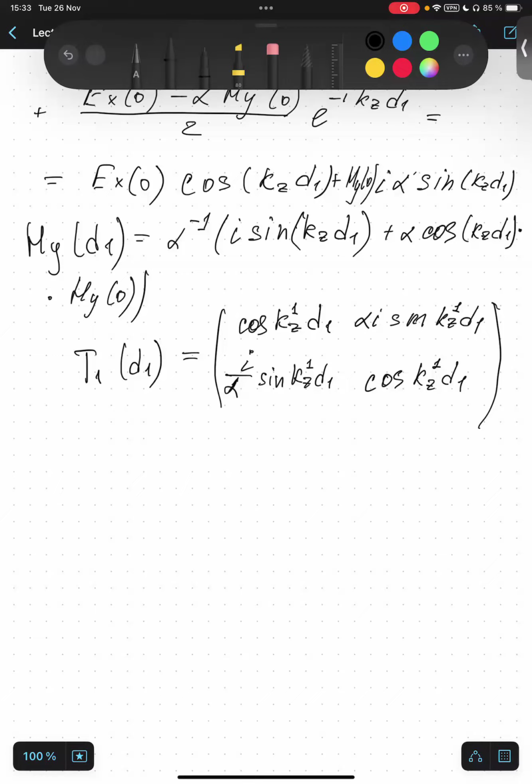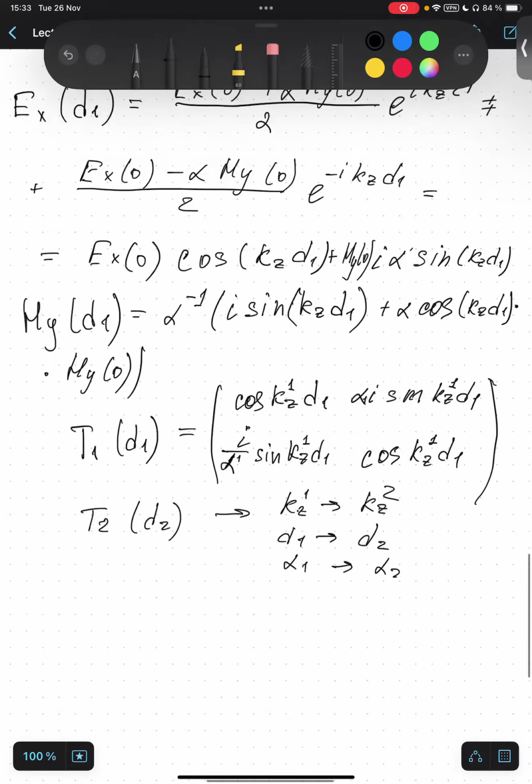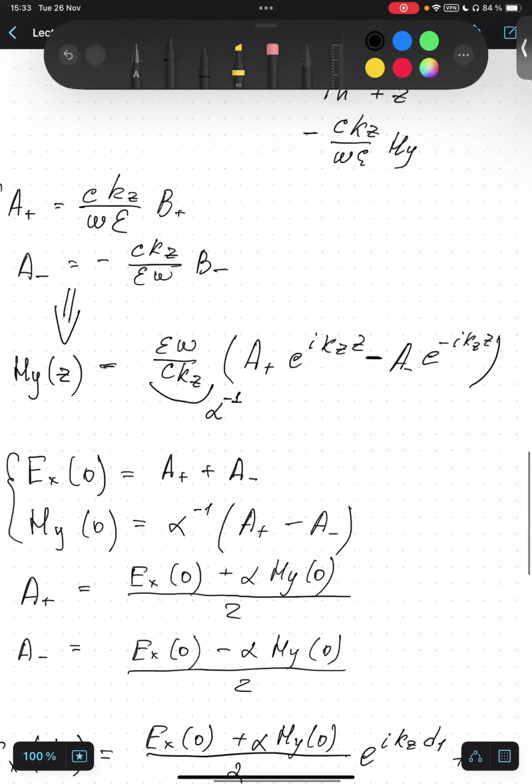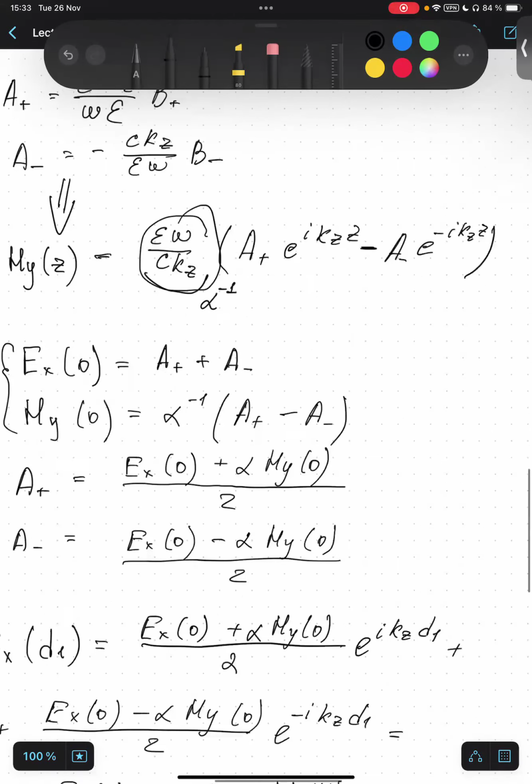So in order to obtain the T2, we have just to change kz1 to kz2, d1 to d2, and also alpha 1 to alpha 2, because here alpha also contains the kz and epsilon.